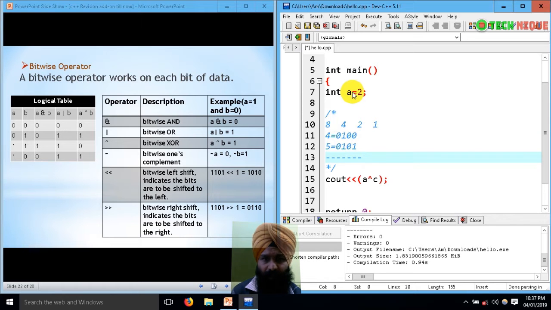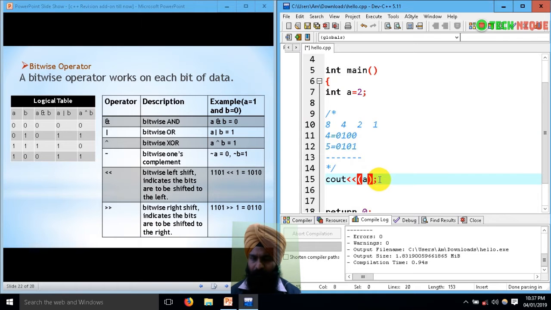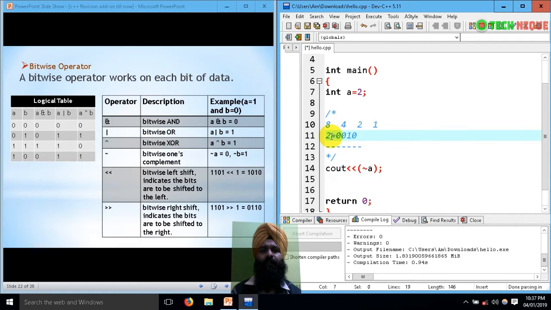Now here a equals 2, and if I put this ones complement on a, let's see what will happen. So a is 2, this is decimal, that is equivalent to this binary. 2 is this one, 0 0 1 0, only the second bit is true.